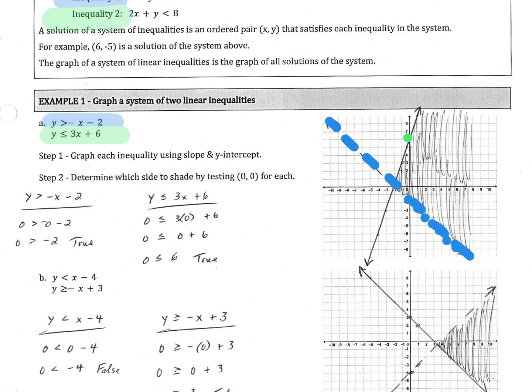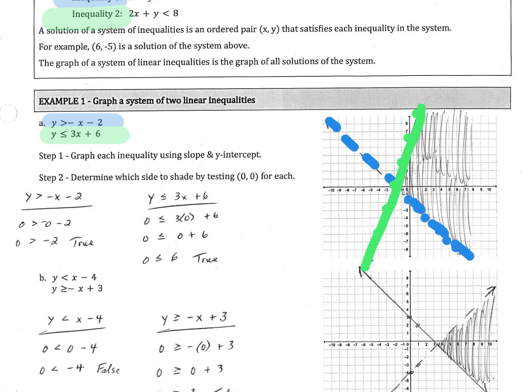The slope is 3. I could go up 3 over 1 to there, which would be the point 1,9. Or I could go down 3, left 1. I could do that again, and I could go all the way down the line. That one has a less than or equal to, so I'm going to draw a solid line.